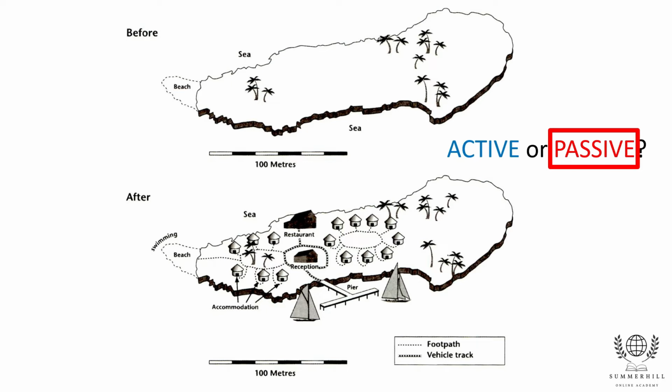We need to describe the construction, but we don't know who constructed any of these tourist attractions on the map. Were these people? Was this a company? Were there machines involved? We don't know. Was this a government effort? We don't know who it was that did this. So we are going to use passive voice throughout this particular task.